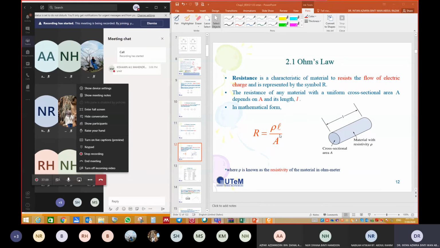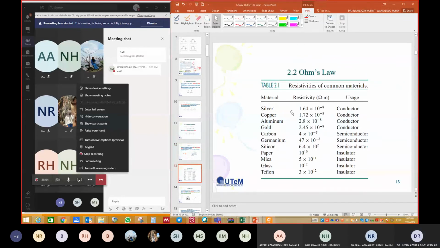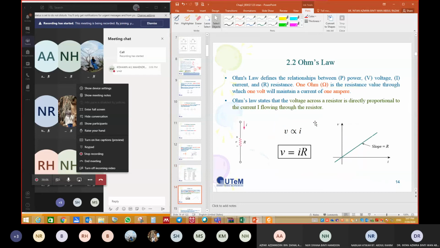If the conductor has a high area A, the resistance becomes lower. In this graph, the voltage V is on the y-axis, the current is on the x-axis, and the slope is R.